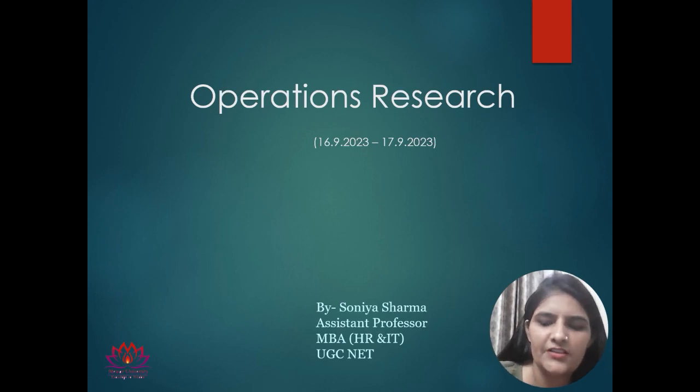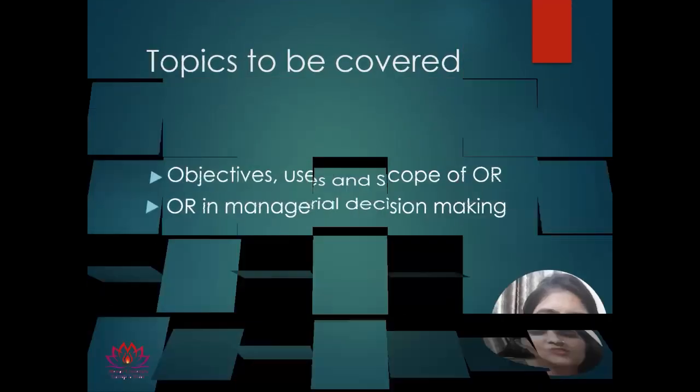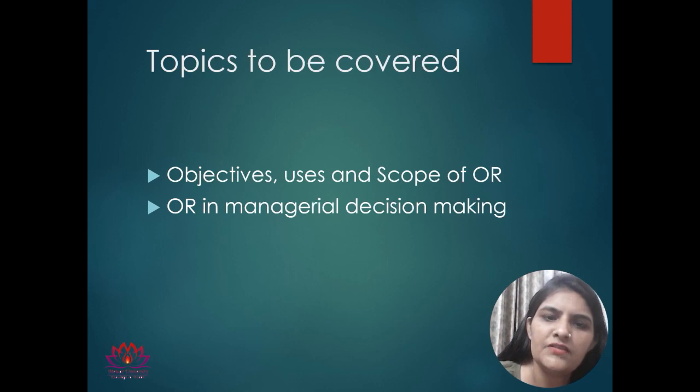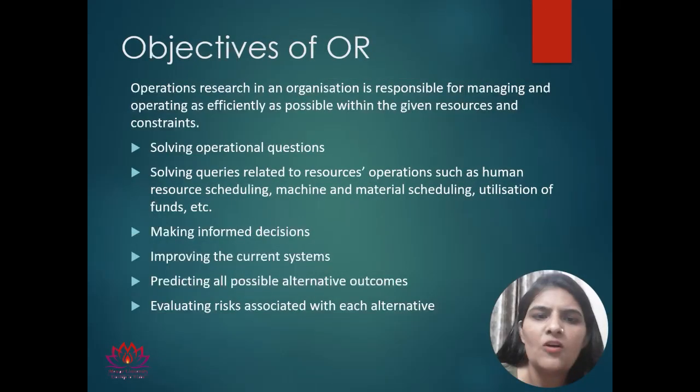In this presentation, we will discuss topics like the objectives, uses, and scope of OR, and operations research in managerial decision making. The first topic is the objectives of operations research.